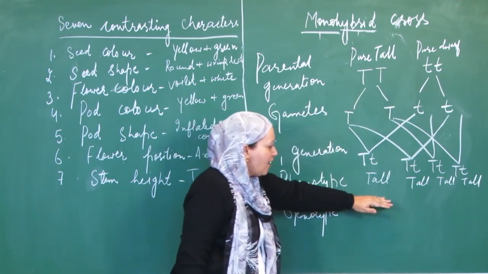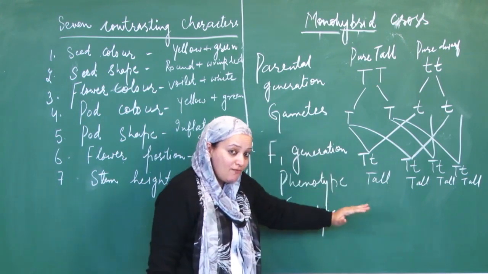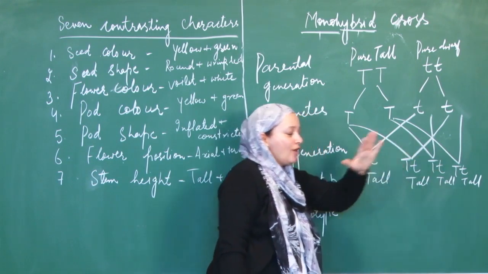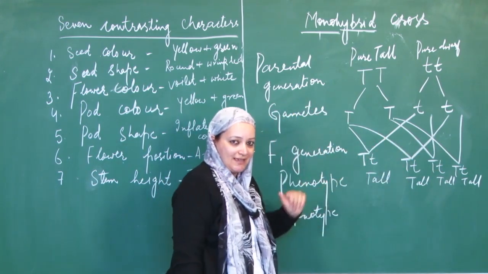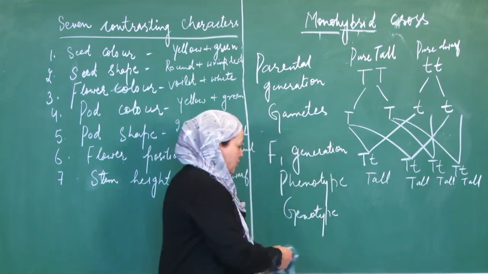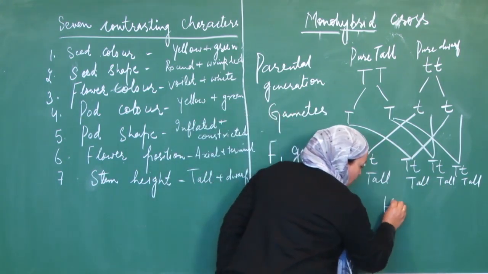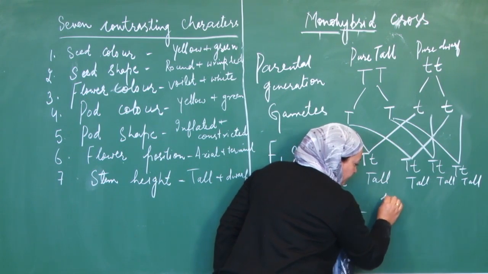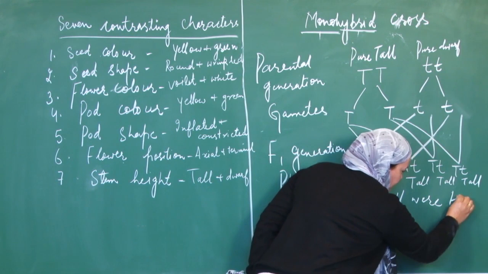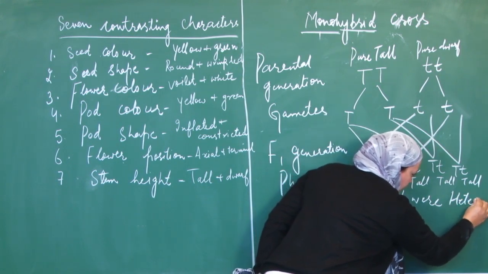But in the F1 generation, all of them were physically tall, but none of them was in a homozygous condition. All of them were heterozygous. So the genotype was, they all were heterozygous.